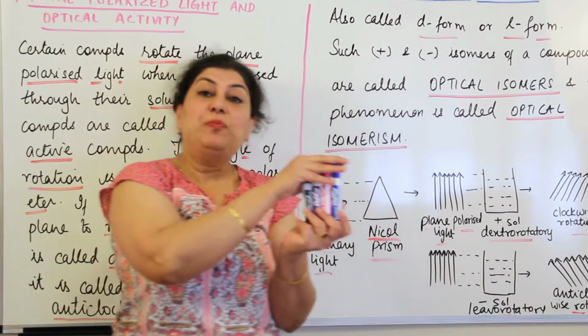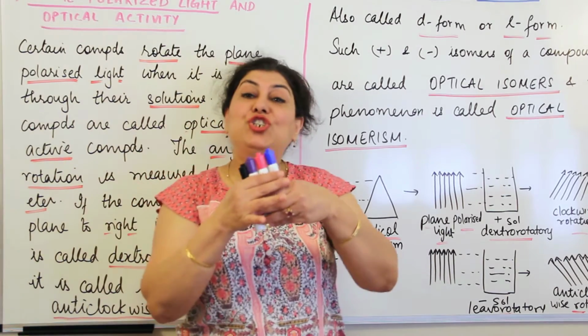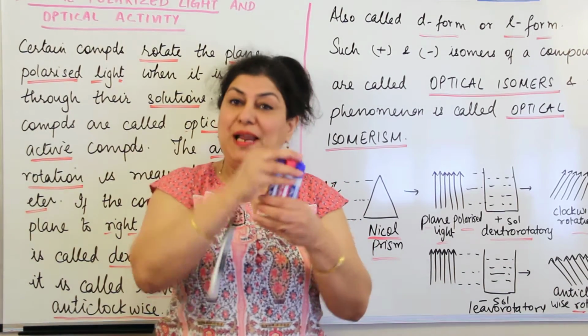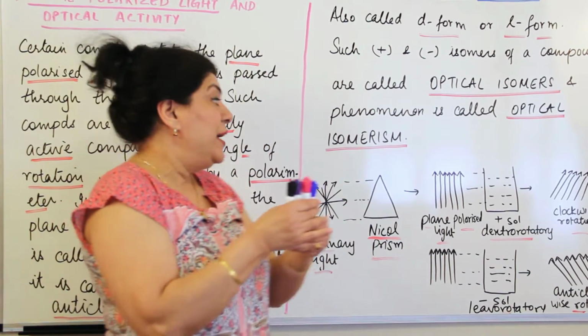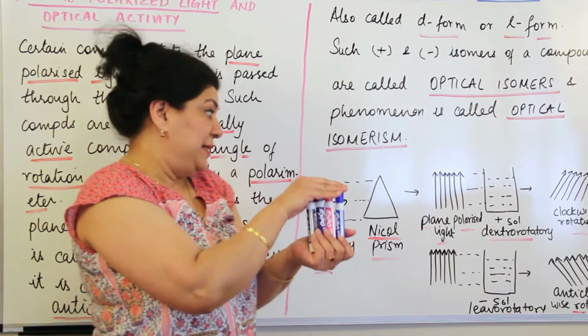The reason we want plane polarized light is that there are certain compounds which show an effect on the plane of polarized light. Certain compounds would affect the plane of polarized light.